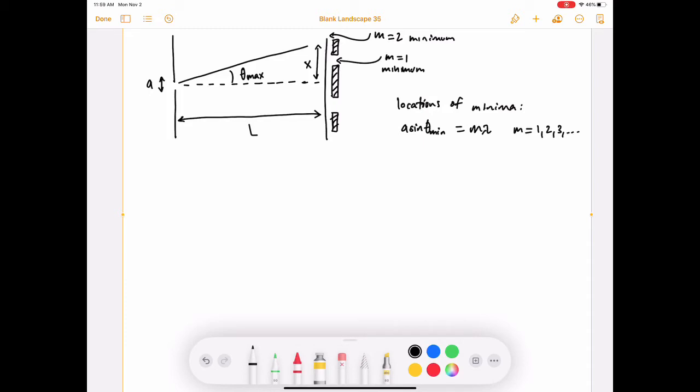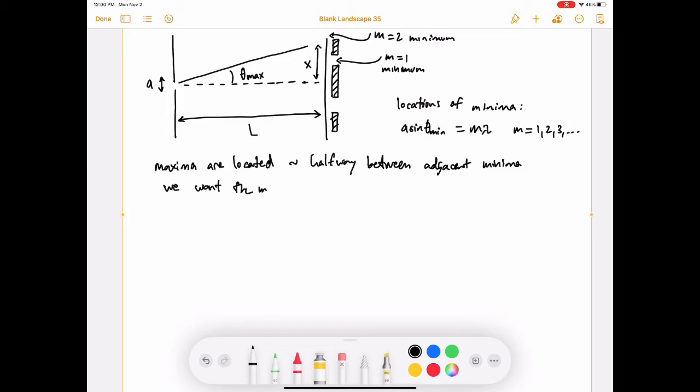Okay. Now remember, the maxima of intensity are located halfway between the adjacent minima. So here's the idea. We want the maximum that is in between the m equals 1 and m equals 2 minima, right?